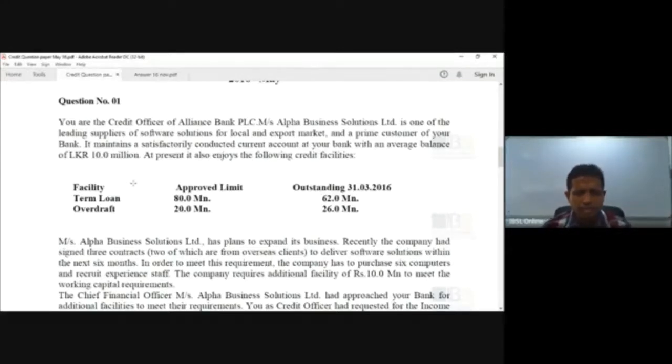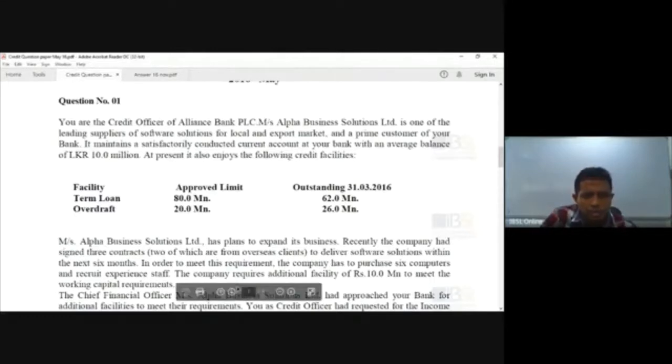The structure is almost similar, but there are some differences when you compare with the question that we have already discussed. Approved limit 80 million, current outstanding 62. Approved limit 20 million, current outstanding 26 million in case of overdraft.